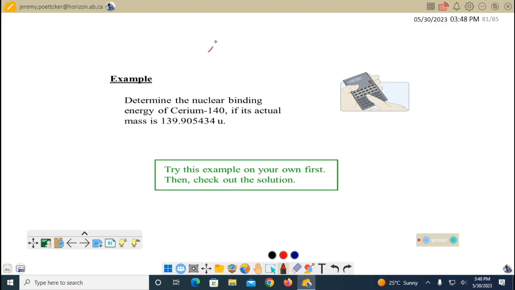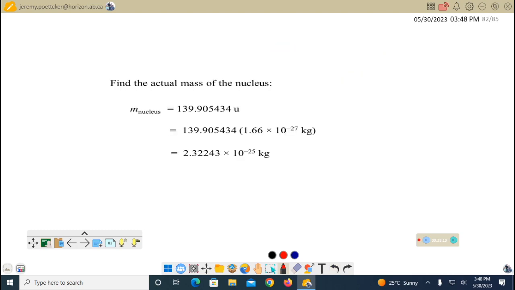The actual mass of the nucleus is given to us, that many U, so it's going to be that number multiplied by our 1.66 times 10 to the negative 27. Here's the mass of our nucleus.